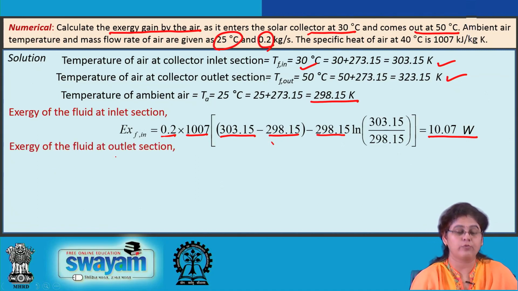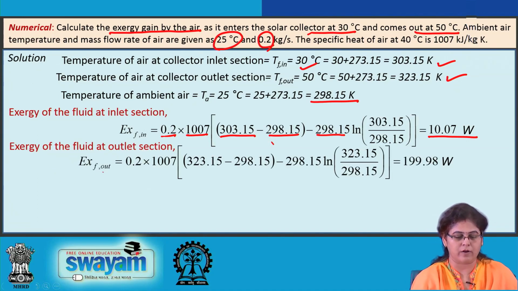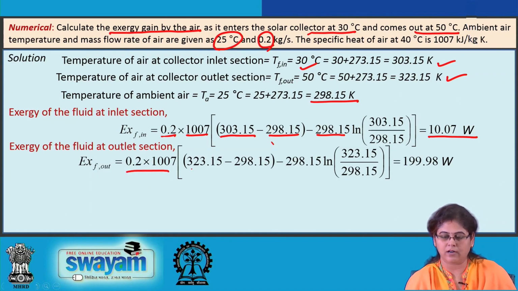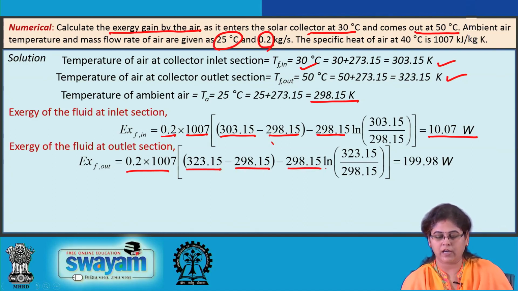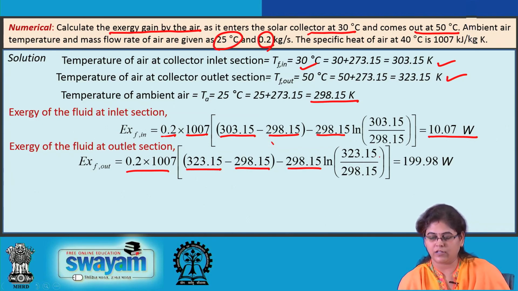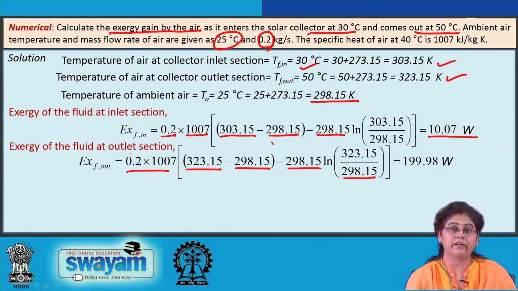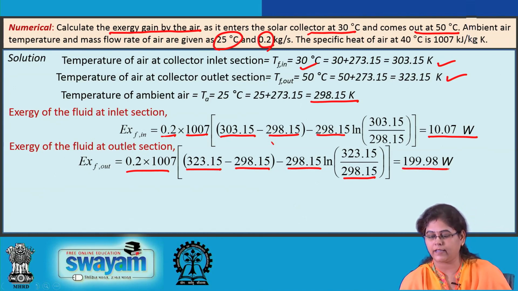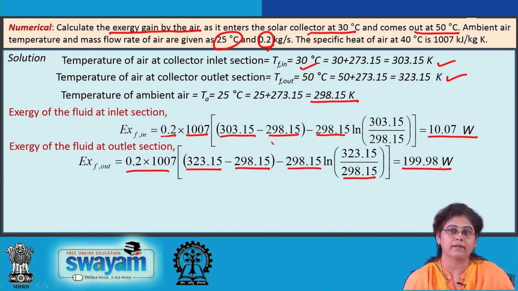Similarly, the exergy of the fluid at the outlet section can be found in the same way: mCp (Tf out minus Ta) minus Ta ln of Tf out, that is 323.15, upon the ambient air temperature. The exergy of the fluid at the outlet section of the collector is calculated as 199.98 watt.